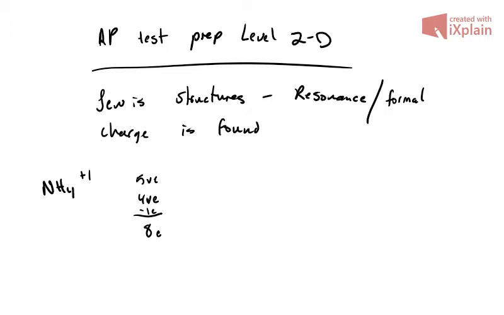Okay, now when we draw, we have our central atom, and we make a bond to each one of the other atoms. Okay, now we count the number of bonded electrons. That's 1, 2, 3, 4, 5, 6, 7, 8. Okay, so we have used all of our electrons in showing bonding.